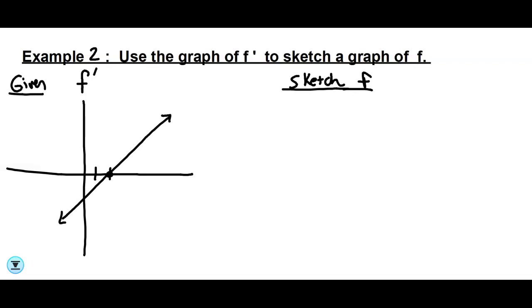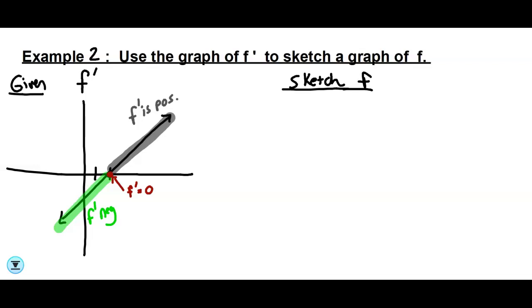Well, I see that from 2 on into infinity, f prime is positive. I also see that from 2 to the left, f prime is negative. And finally, I see that at this point right here, f prime equals 0 because it's right on the x-axis.